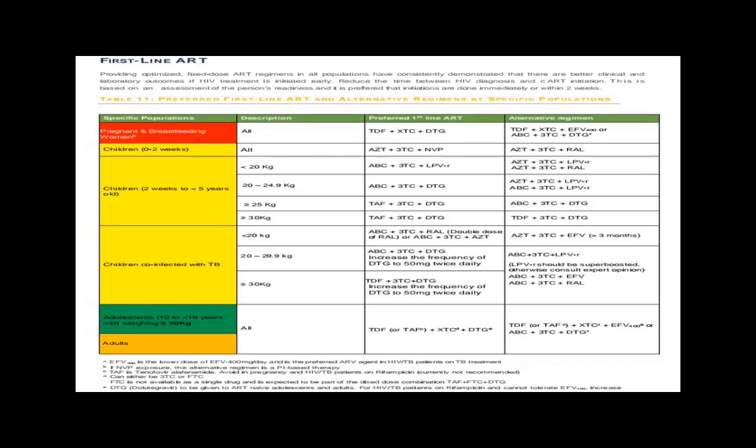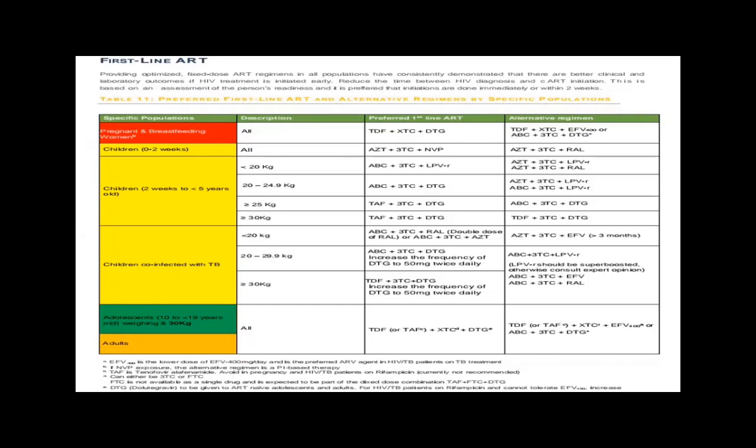And then for children that are above 30 kg, we're also going to give TAF plus lamivudine plus dolutegravir. These are some of the regimens that we can give in children between 2 weeks to less than 5 years, according to kg, the preferred first-line treatment.